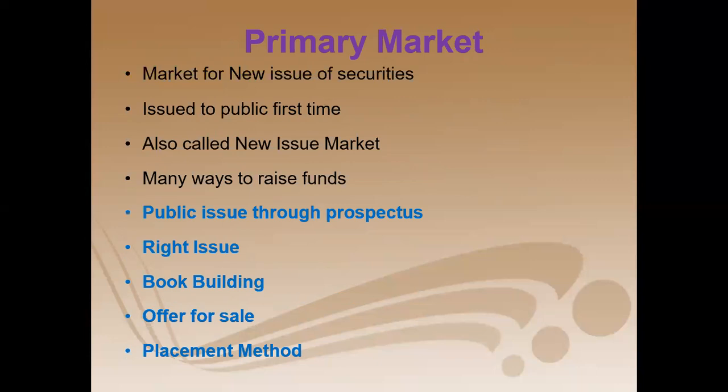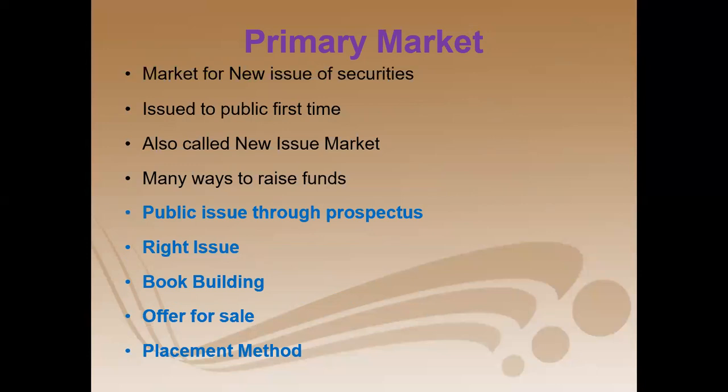There are different ways where we can buy the shares directly from the company. One is public issue through prospectus, when the company is following a proper allotment process. Secondly, rights issue, when the company issues shares, particularly equity shares, to their existing equity shareholders. Third is book building, where the company issues shares by auction, by bidding to the investors.